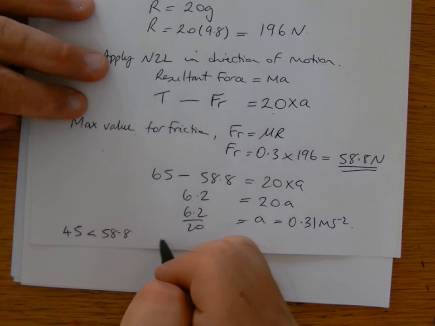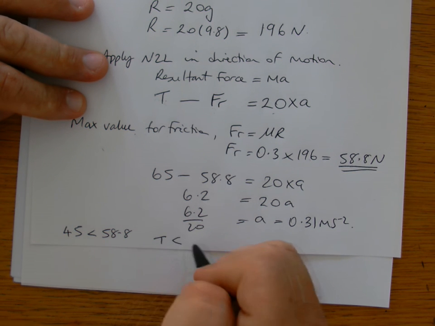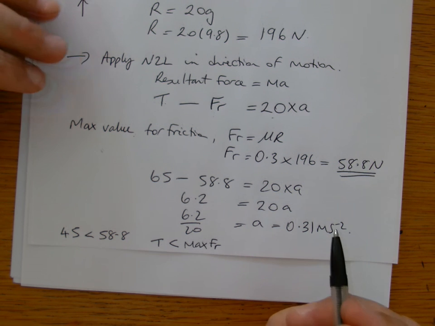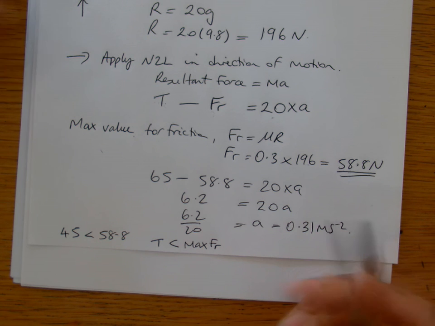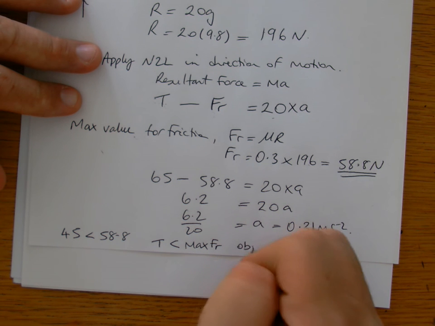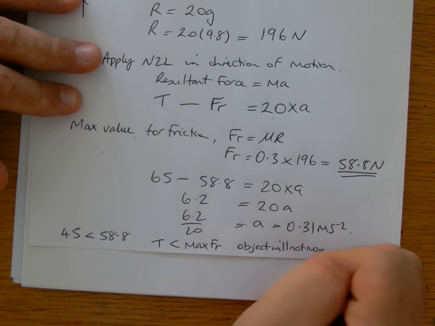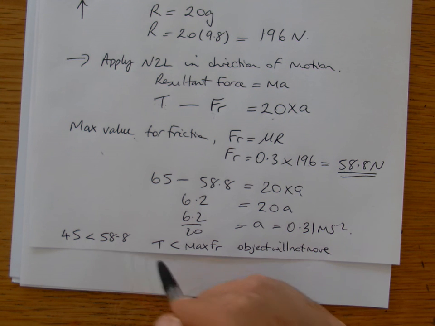In this case, the tension is less than the maximum friction. Think about what's going to happen. It's not going to move. The object will not move because the tension, the pulling force, is not strong enough to overcome that friction.